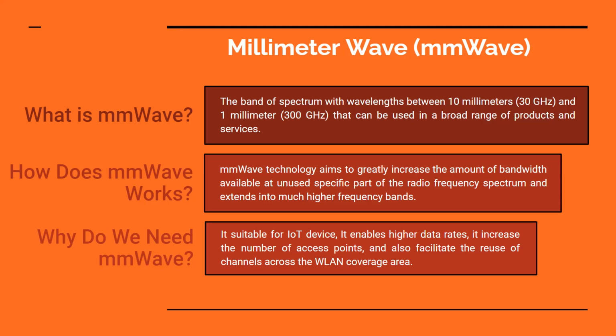The answer is that it makes us able to use it for IoT devices, specifically simple IoT devices. It will enable us to use higher data rates, increase the number of access points, and also facilitate the reuse of channels across the WLAN coverage area.